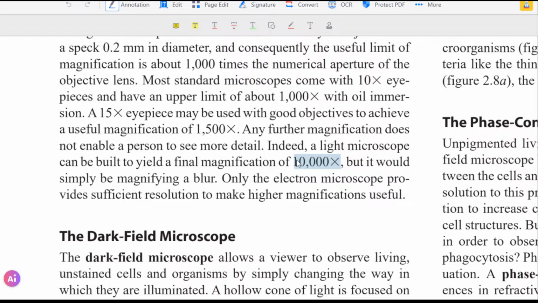It wouldn't let you see inside more. So if you want to see detail, just go till 1500. Only the electron microscope provides sufficient resolution to make a higher magnification useful. Yeah, so only the electron microscope has this much resolution to distinguish between objects, and in turn the magnification becomes useful.